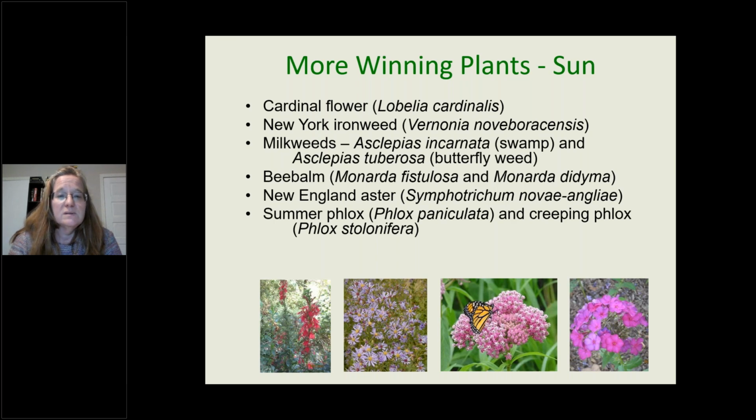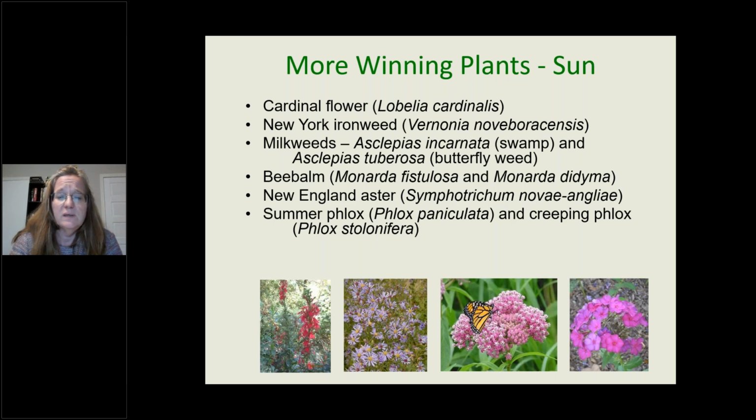Ironweed is a taller plant with a bright pink flower, and then there's quite a number of types of milkweeds: the swamp milkweed, common milkweed, the butterfly weed, which is the smaller one with orange flowers, and then bee balms. There's a number of bee balms, different colors, pink and red, and again, those do well in rain garden conditions.